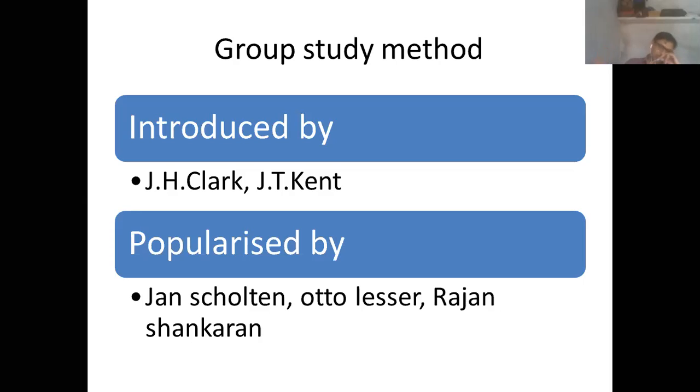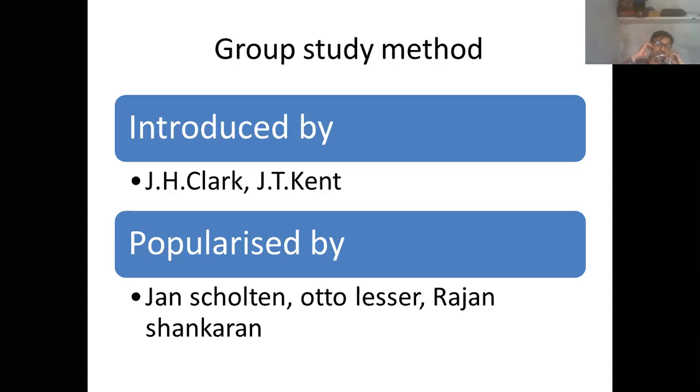If we screen the history, the evolution of homeopathic materia medica, earlier authors like John Henry Clark, who is the author of the Dictionary of Practical Materia Medica, written in 3 volumes.